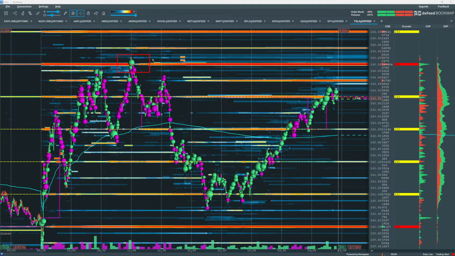Those limit sell orders often act as a magnet for price. And those limit sell orders at 245, some were consumed here, and then they come back in the order book again just after that and remain there looking to sell again at 245.